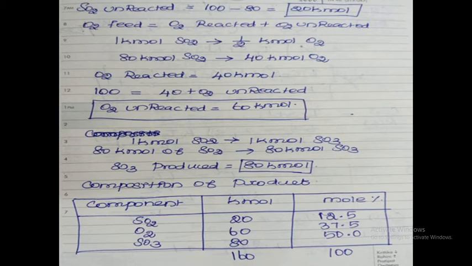As per the problem, how much SO2 is reacted? 80 kilomole. So 80 kilomole of SO2 reacted means 80 times 1/2 divided by 1, which is 40 kilomole of oxygen. Oxygen reacted is equal to 40 kilomole.